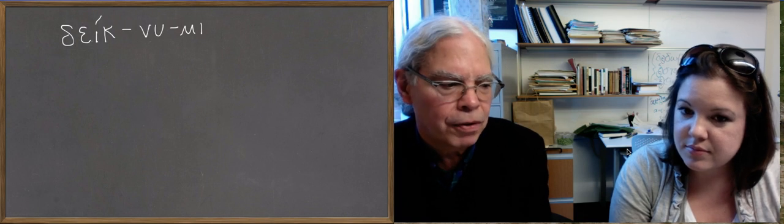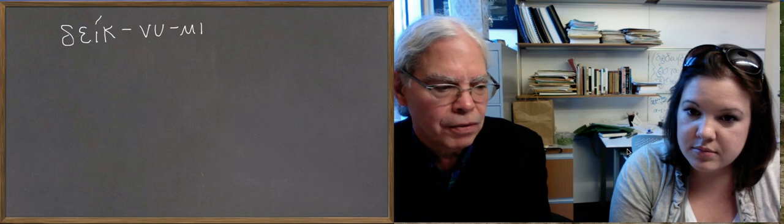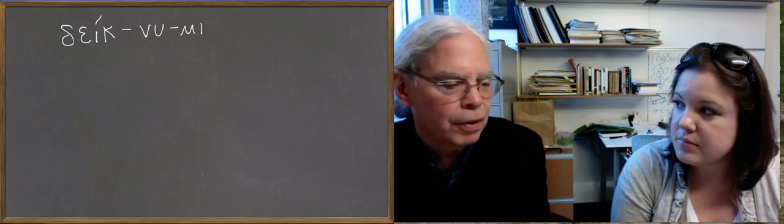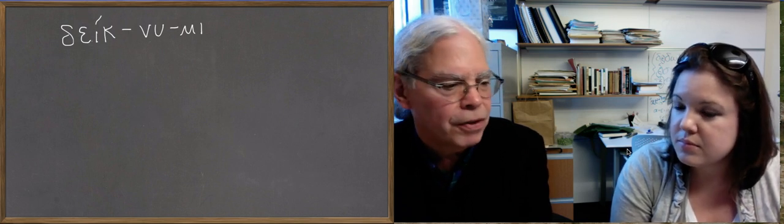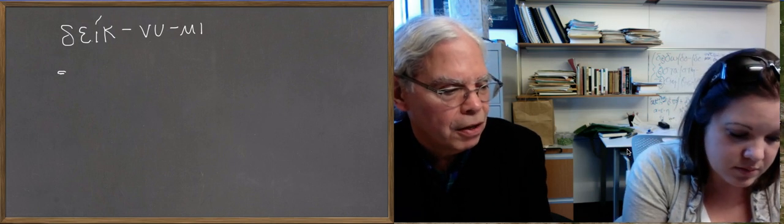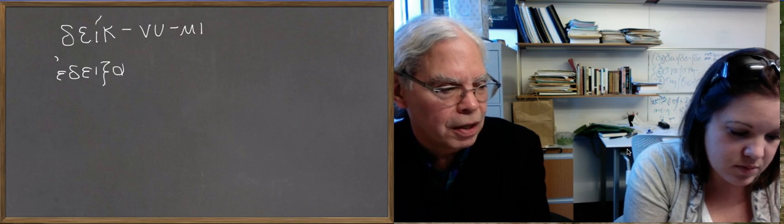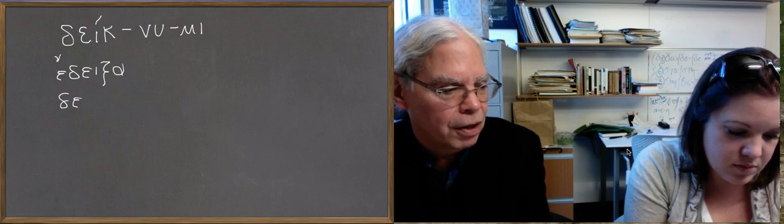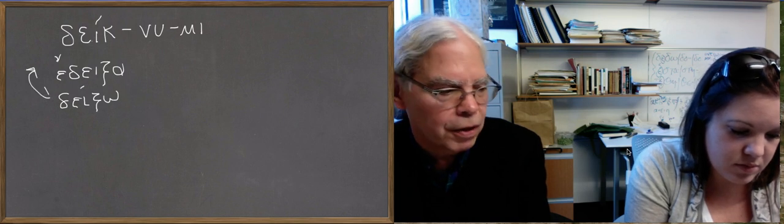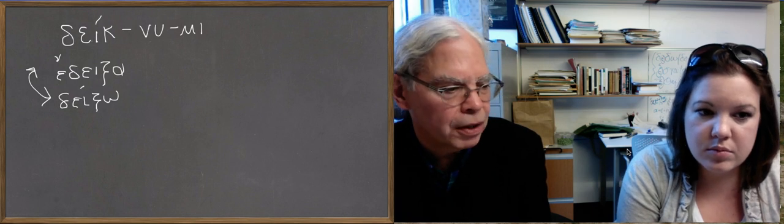There's no other form of the stem in the present or in the aorist with a different vowel. The aorist of this verb is edeixa, just a regular old sa aorist. The future is deixo, and the perfect is dedeicha and stuff like that. So it's all been regularized. Everything is like a regular verb, except for the present system, the imperfective aspect.